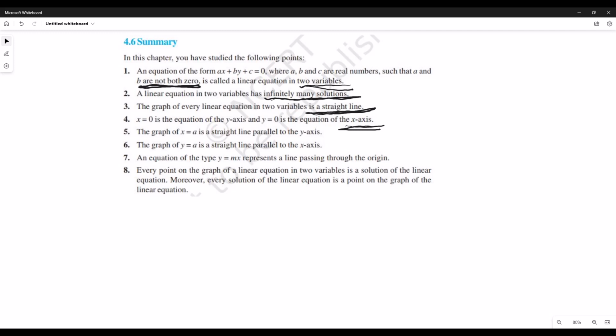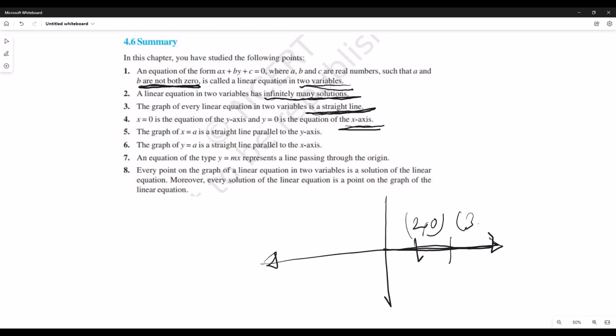On the y-axis, all the values of x are 0, and y is any number. Likewise, y is 0 where? On the x-axis. On the x-axis, all the values of y are 0. So this is (2, 0), (3, 0). So y equals 0 is the x-axis, and x equals 0 is the y-axis.